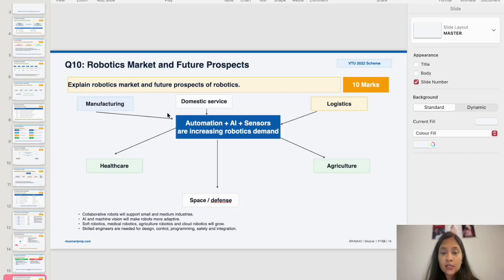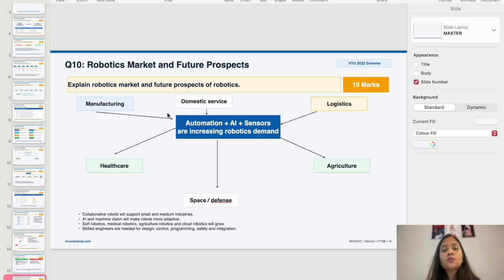Robots are used in manufacturing, healthcare, logistics, agriculture, space, defense, and domestic service. In the future, collaborative robots will become more common, especially in small and medium industry, because AI and vision systems will make robots more adaptive, and also more intelligent.